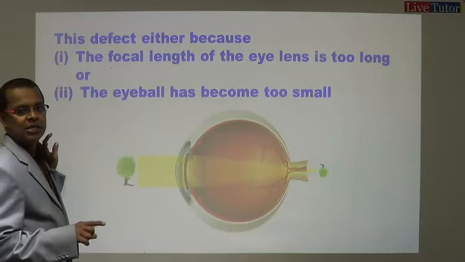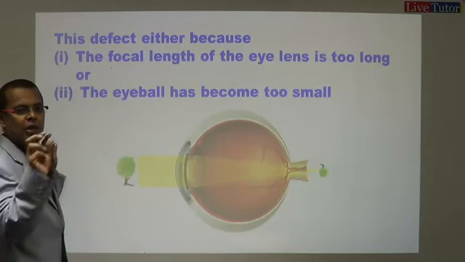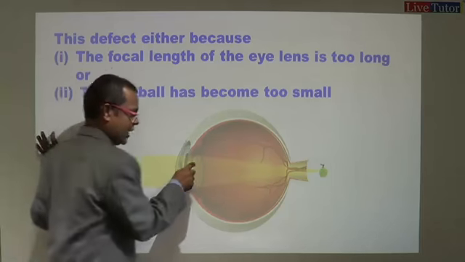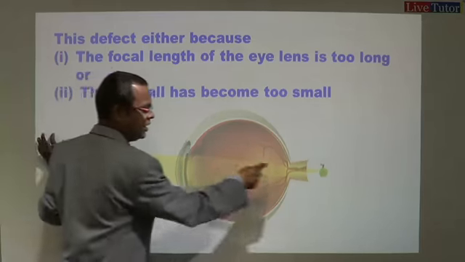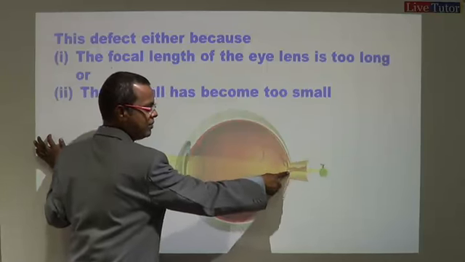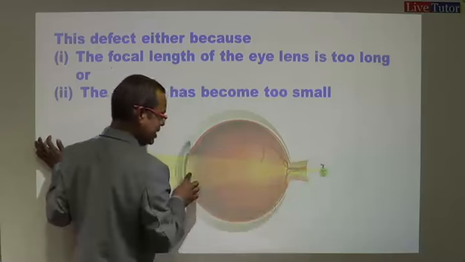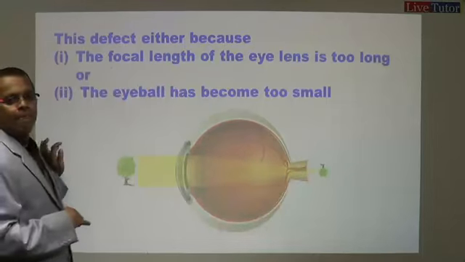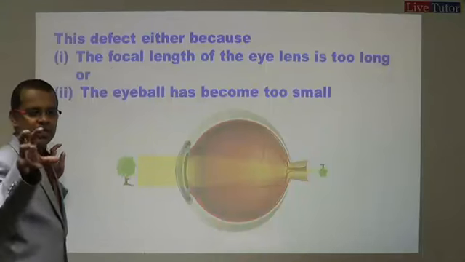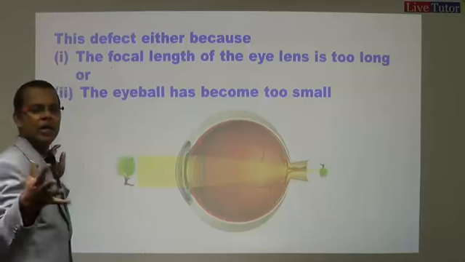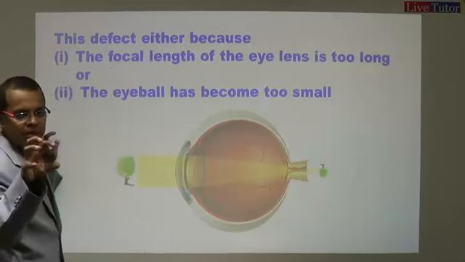It is because the focal length of the eye is somewhat longer, because you can understand that if the lens is here, the principal focus should be here so that the image will be formed. But the image is forming here, which means the focal length is somewhat longer than the normal one. Or the eyeball is becoming too small. In the earlier one it was elongated, now it is shrunken, a little bit small.